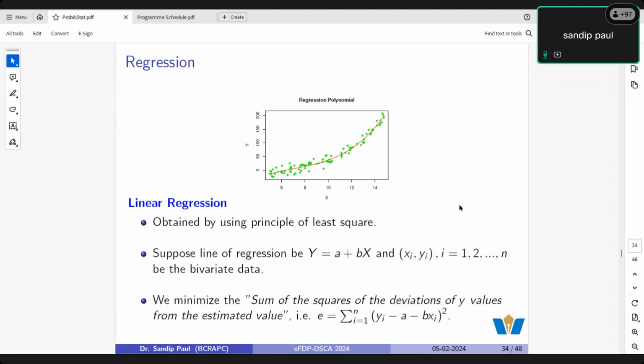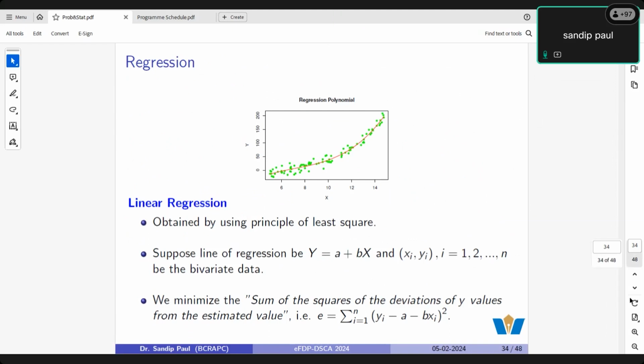Now, here you can see, if we know the function of this curve, for any unknown value of x, we can predict the value of y. There are different types of possibilities, and we can draw different types of curves from the given set of data.